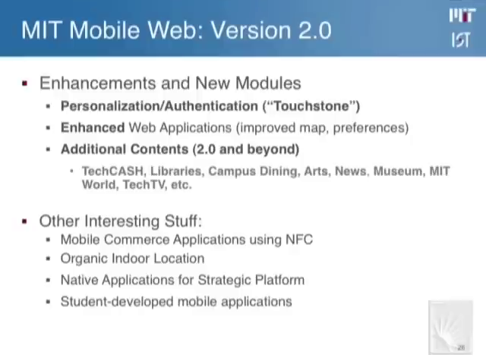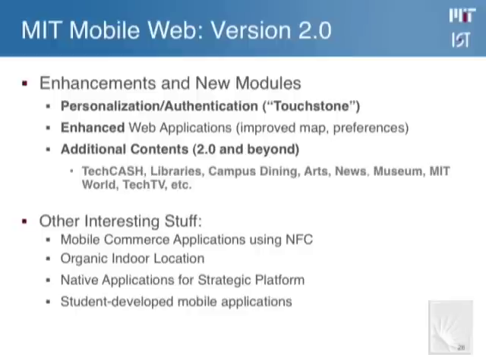What we are working on with version 2.0 is additional content and additional personalization using things like the certificates. We also are working on a web single sign-on Shibboleth implementation, what we call Touchstone at MIT, that allows users of various smartphone devices to authenticate to other web properties within MIT.